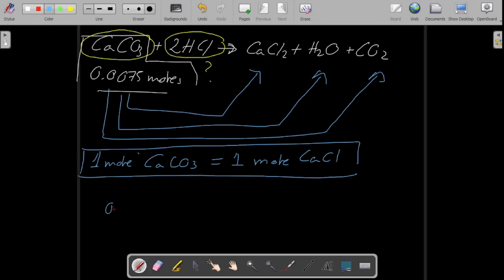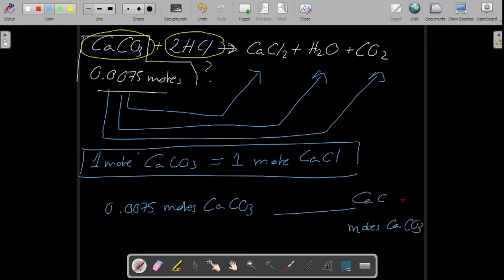Now I'll start with what they give me. My calcium carbonate, I open my fraction, I put at the bottom what I'm trying to get rid of. So moles of the calcium carbonate. I want to end with the calcium chloride, so with moles.